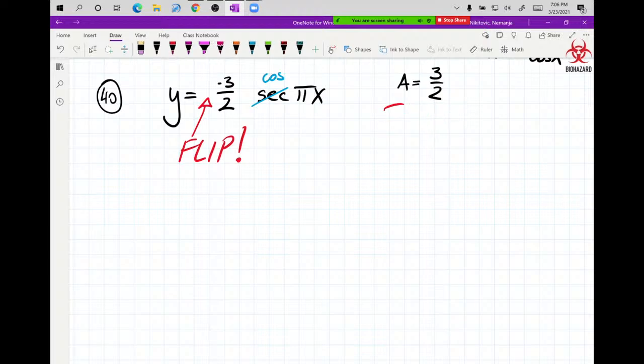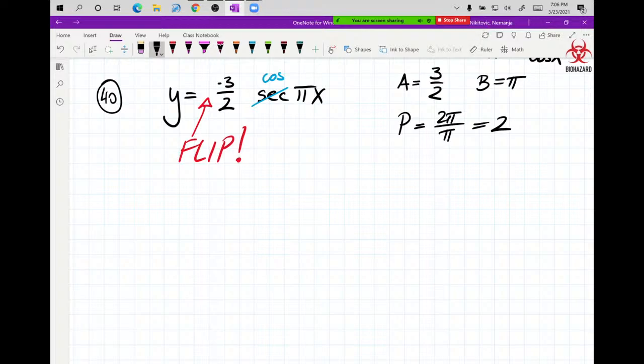So make sure it's flipped. Then we have our b, which is pi, and we have c and d. We don't care, since there is no plus something over here, so the midline is at the x-axis. Okay, so the period is 2 pi over pi, which is 2.